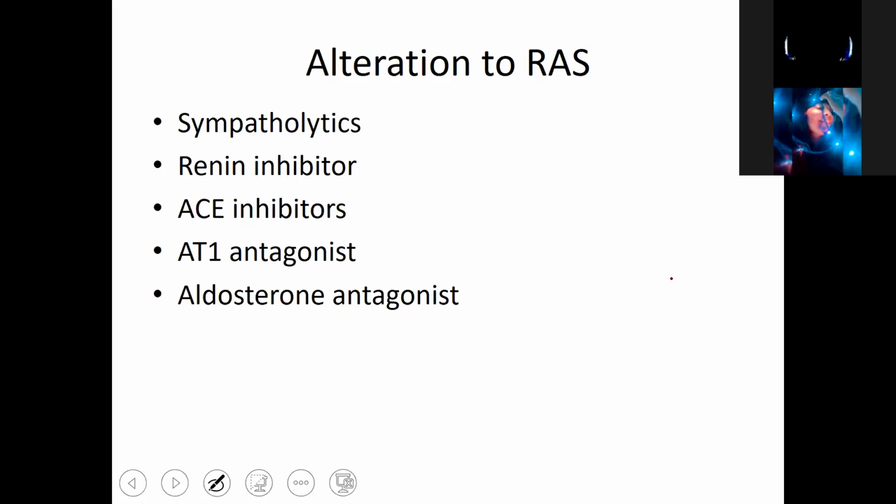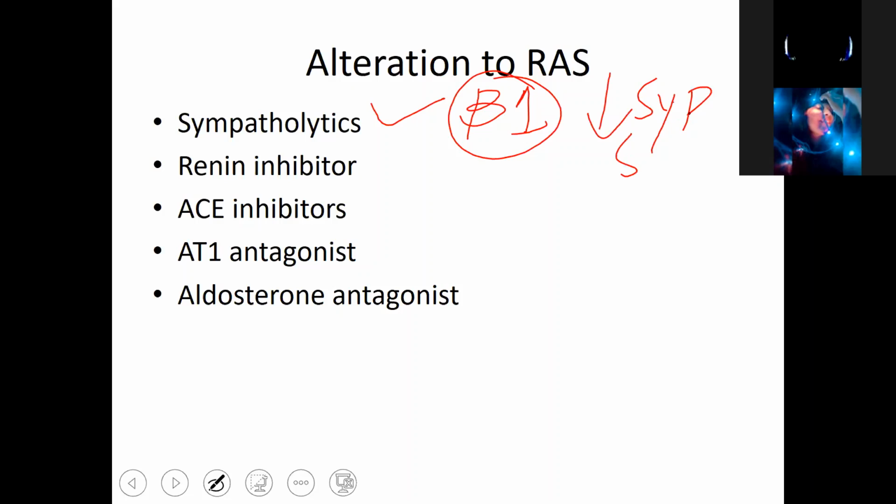We have almost covered everything, but we will see the drugs now. We can give sympatholytics, by which we can block the beta 1 receptors, or we can give central sympatholytics so that there will be decreased sympathetic outflow. We can inhibit the renin by giving renin inhibitors like remikiren, aliskiren, or enalkiren, and we can give ACE inhibitors so that we can prevent the conversion of angiotensin 1 to 2.